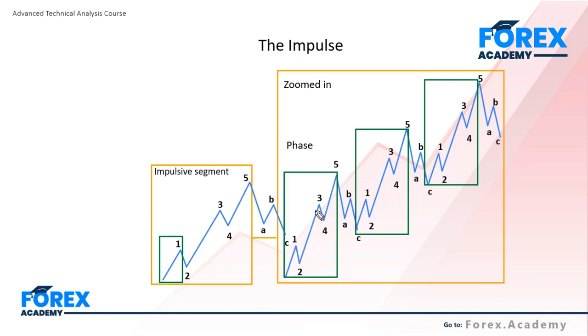So wave 1 breaks down into a 5-wave structure. Wave 3 itself breaks down into a 5-wave structure. And wave 5, the final leg up, also breaks down into a 5-wave structure.